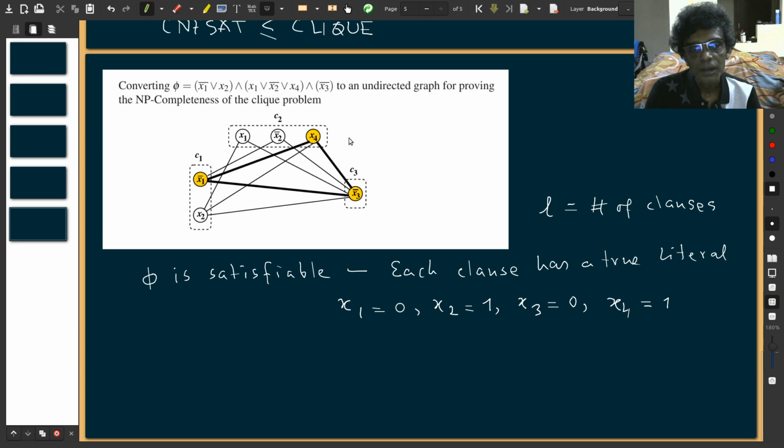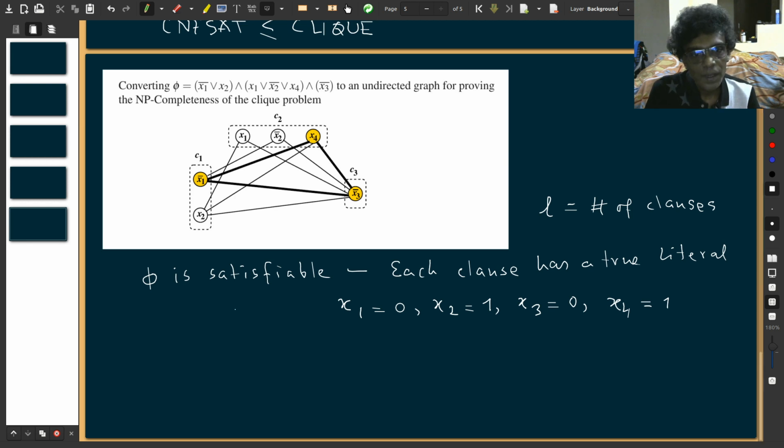If you have another clause, then take that true literal, they must be there. You cannot connect contradictory literals. If this is a true literal, this is a true literal, they cannot be contradictory. It is x4 here, it is x4 complement here, that is impossible, right? Therefore, this will be an L clique. Okay.